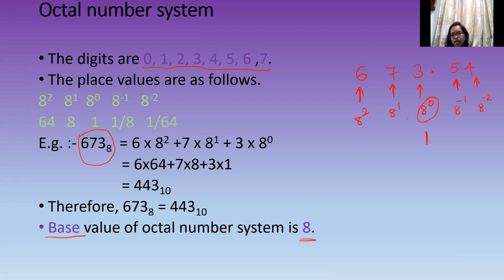You have to take the 8 to the power 0 place as 1. 8 to the power 1 is 8. 8 to the power minus 1, you have to take as 1 over 8. That means you are going to divide 1 by 8. That particular value we have to take here, right? When you are doing the calculation, I will show you, right? This is the summary and the features of this octal number system.